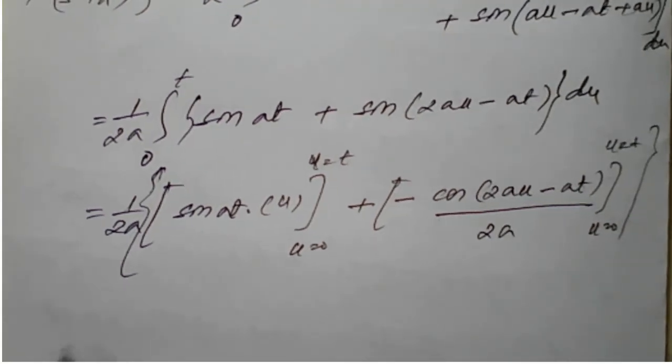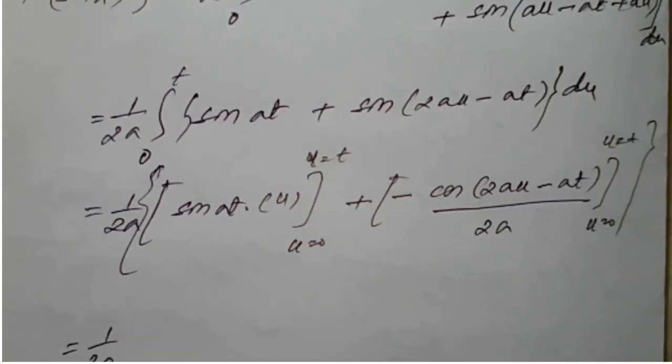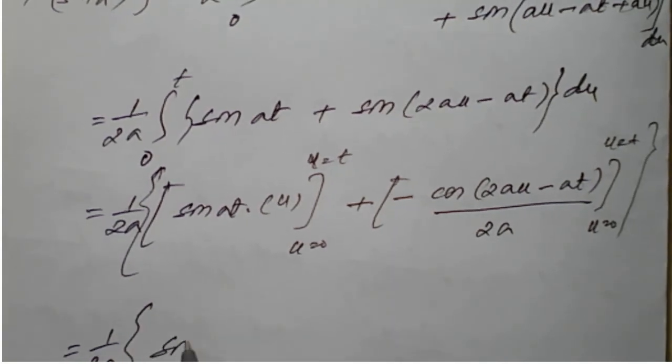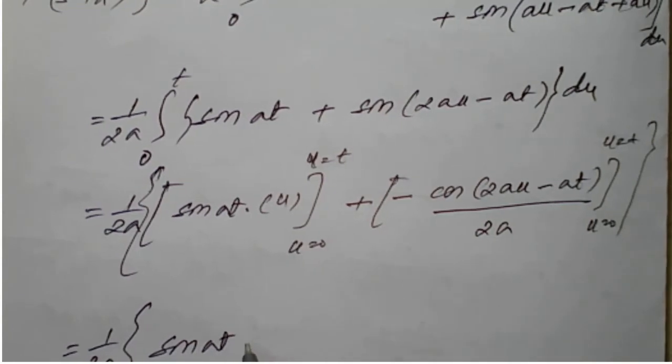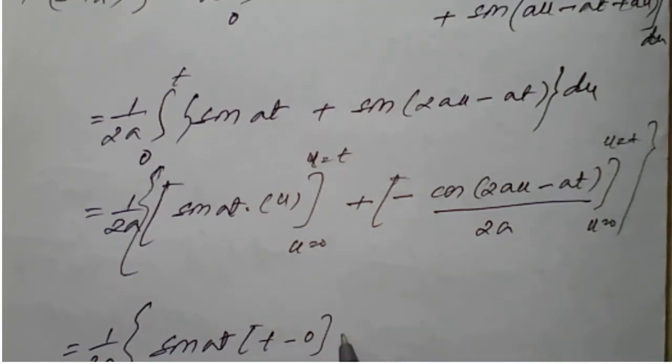On final simplification, 1 upon 2a is common for both the terms, so sine of at, apply u is equal to t as upper limit, that is t minus the lower limit 0, plus into minus is minus.